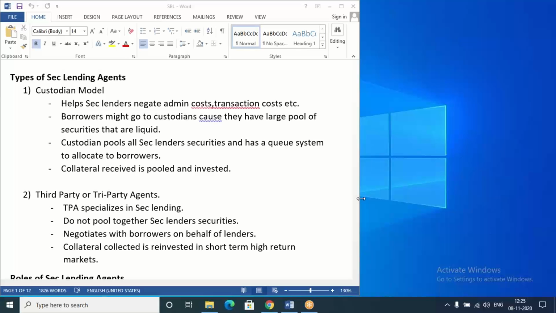The downside, however, of using a custodian model in SBL, using a custodian as a sec lending agent, is that the custodian would pool all the securities the lenders have, and then form a queue system to allocate it to the borrower. So let me put this in an example. Give me an example of a custodian.